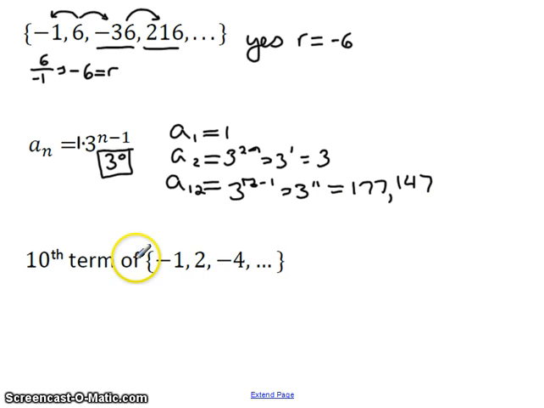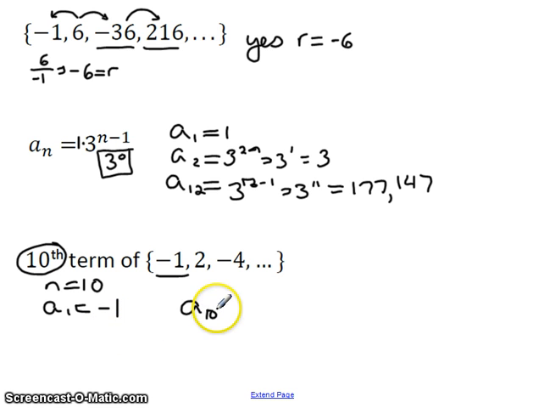How about finding the 10th term of this sequence? Well, we've got to pick off some things from here. The 10th term tells me that n equals 10. I know my a sub 1 is the first term in the sequence. That's negative 1. And so a sub 10, the 10th term, should be a sub 1 times r to the 10 minus 1. Well, what is r here?